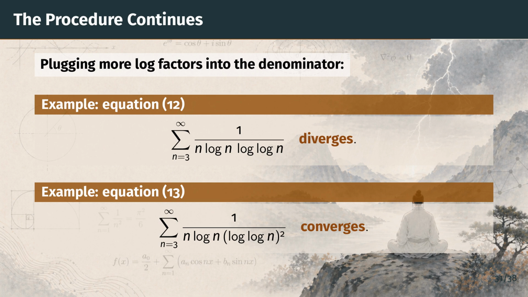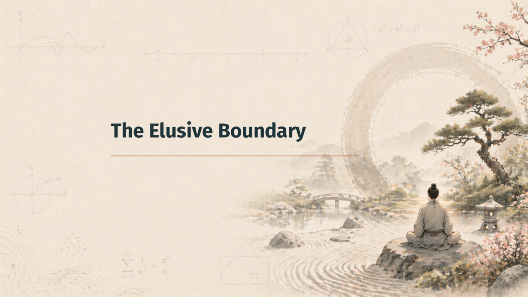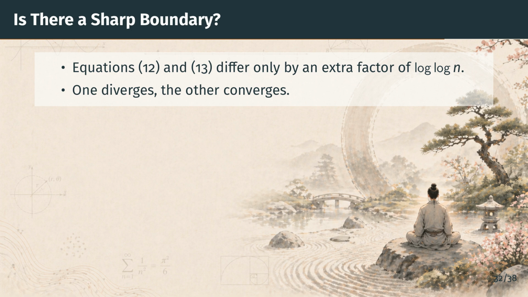But if we square the iterated logarithm, we tip over into convergence. The series in equation 13 converges, again by the same condensation argument, reducing to a p-series with exponent 2. So the procedure tells us, by iteration, exactly where the borderline is at each level of nested logarithms. Look closely at the two examples we just saw.